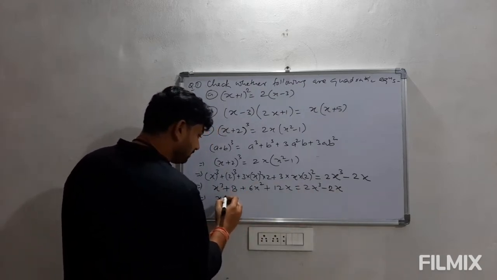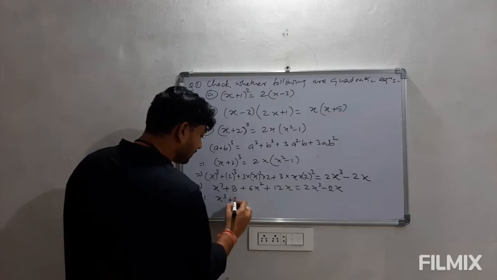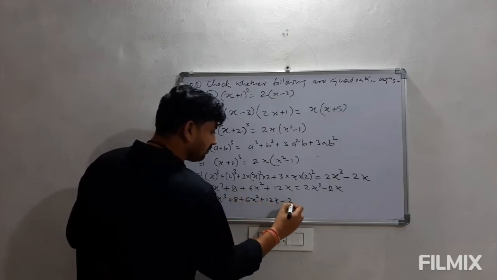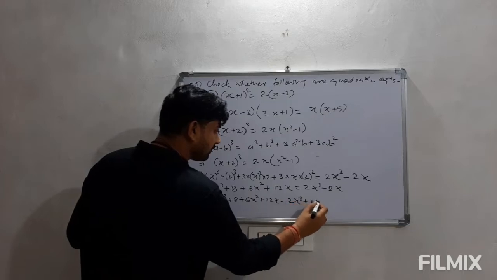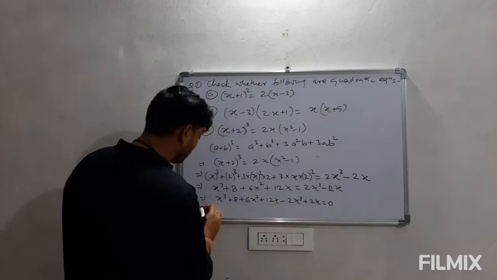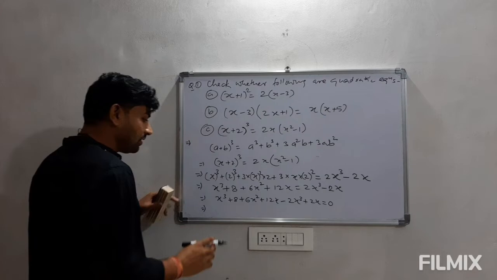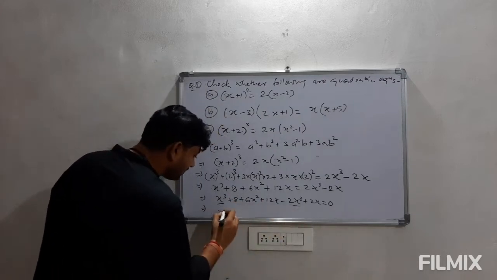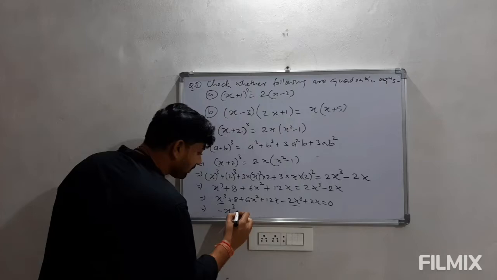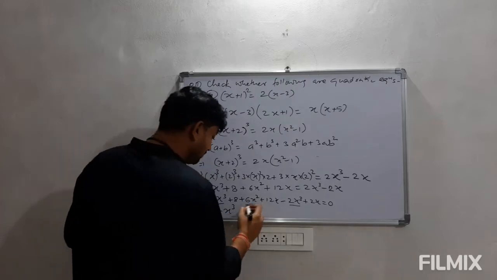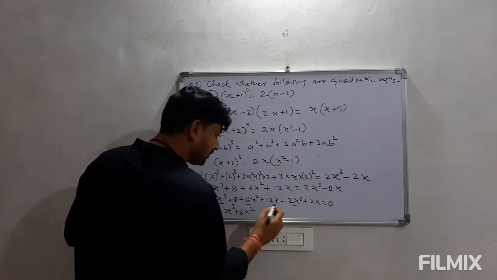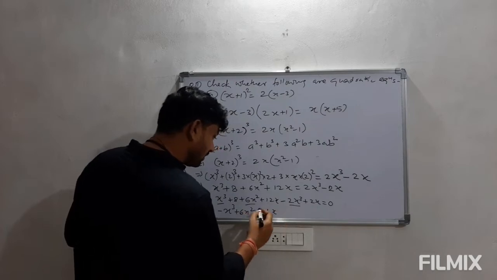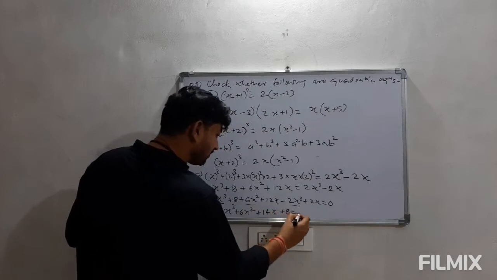So we will be getting x cube plus 8 plus 6x square plus 12x minus 2x cube plus 2x is equal to 0. Now we have to rearrange, like we have x cube and minus 2x cube. If we add this, we get minus x cube, then the square term, that is plus 6x square, then 12x plus 2, 14x, and finally we have plus 8 is equal to 0.